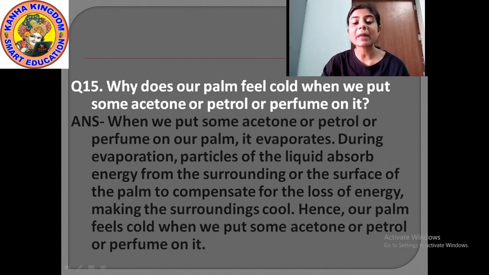So when there is a process of evaporation, it makes the surrounding cool. This is the reason why we feel cool when acetone or petrol or perfume is put on our palm or on the skin. Understood?